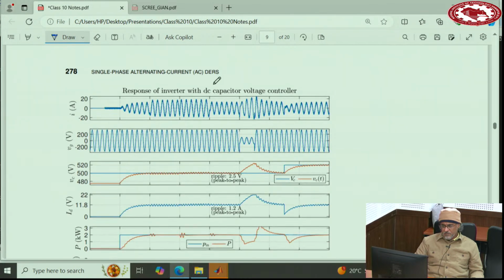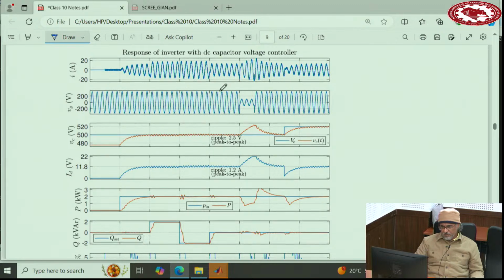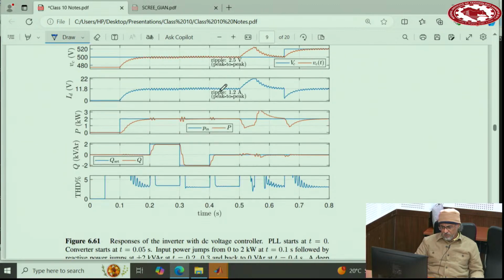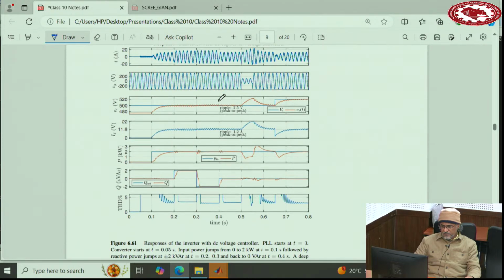Now, if you look at this simulation here, which I'm going to run in a moment on the computer also, it shows a scenario that, first, obviously, when you have a DC-AC system, as we said before, you start the PLL at t equals 0.